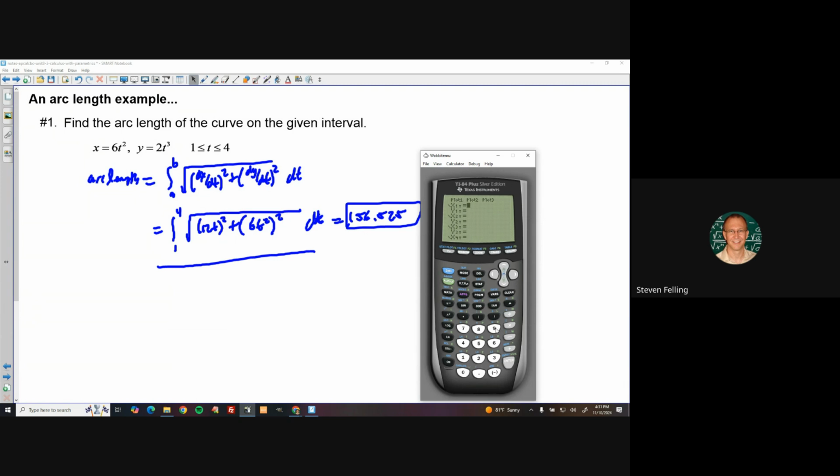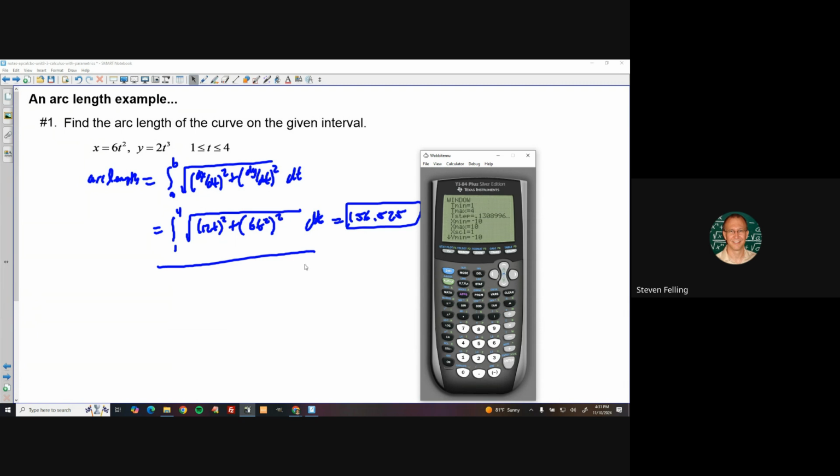This is x is 6t squared, and y is, I don't think this is going to be a very interesting looking graph, t cubed, but let's go ahead and graph it. If I go from zoom 6, that's origin plus or minus 10, it's going off really quickly. If I want the parameter to be from 1 to 4, I can do that.